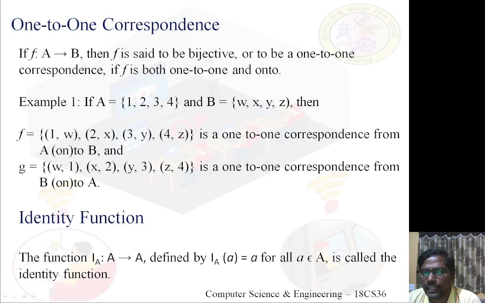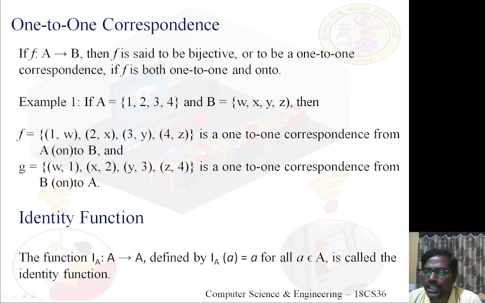Or what I can say, it appears exactly once as an image. So the elements of codomain A, 1, 2, 3, 4 appeared exactly once as an image. So the function g from B to A is 1 to 1.